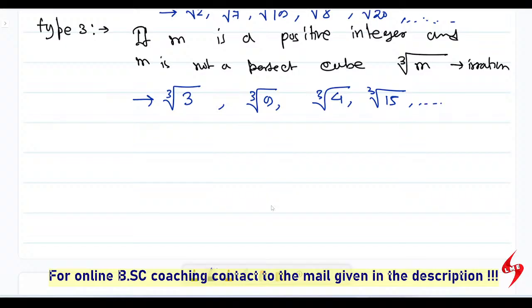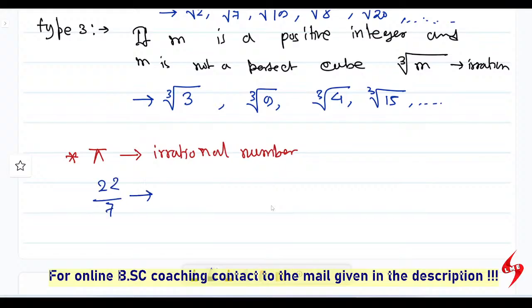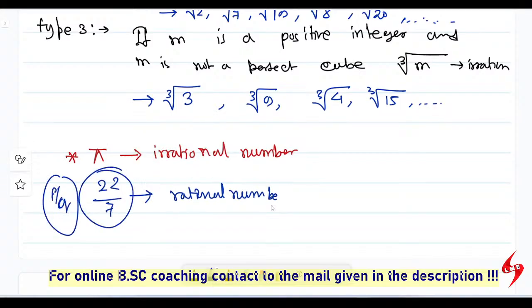Note that pi is an irrational number. Remember, but 22 by 7 is always a rational number because it is of the form p by q, both are integers and q is not equal to 0, so it is a rational number.